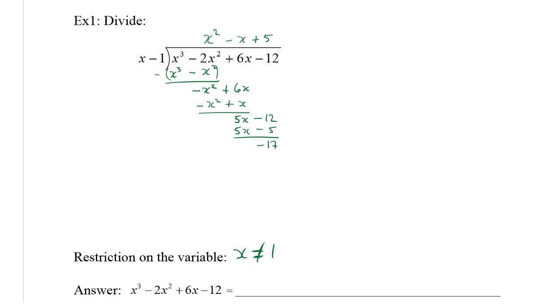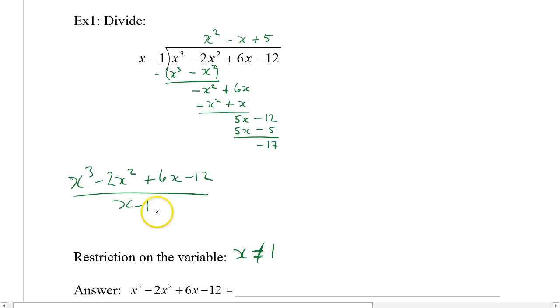One way to state my answer: x cubed minus 2x squared plus 6x minus 12, divided by x minus 1, is equal to x squared minus x plus 5, and then with my remainder, minus 17 over x minus 1.